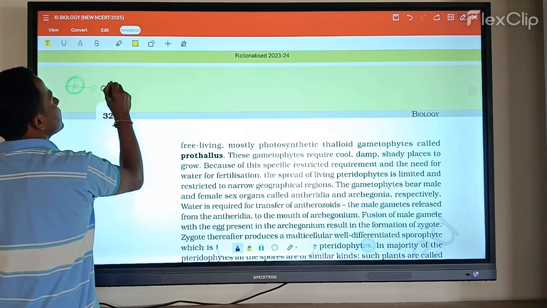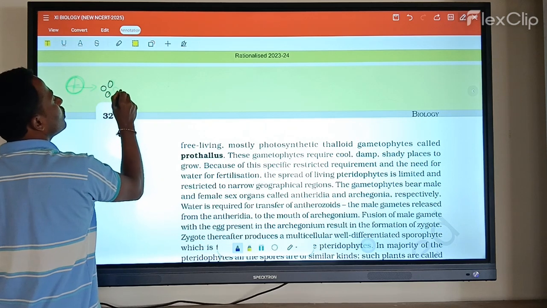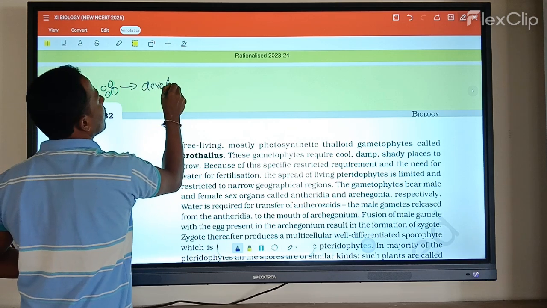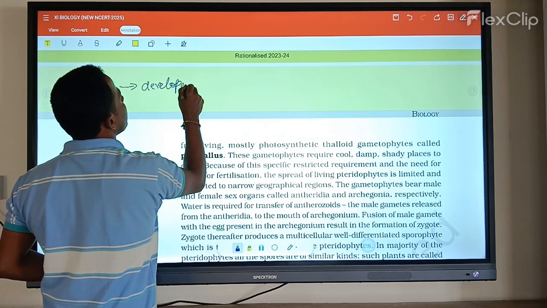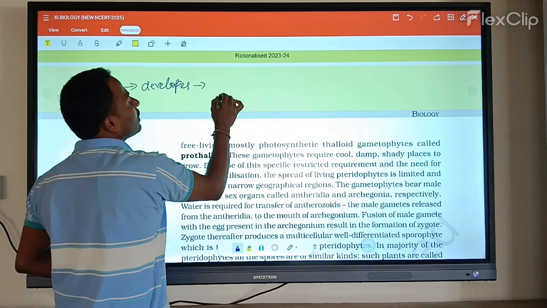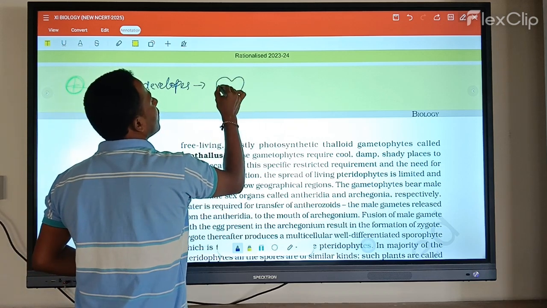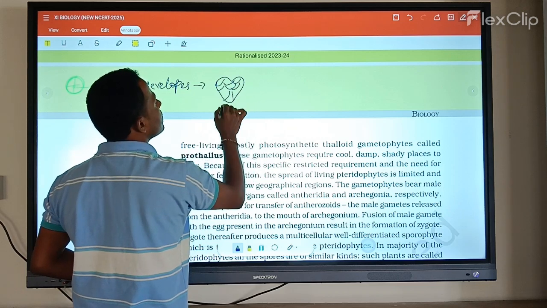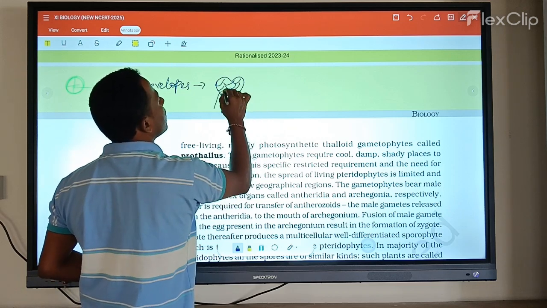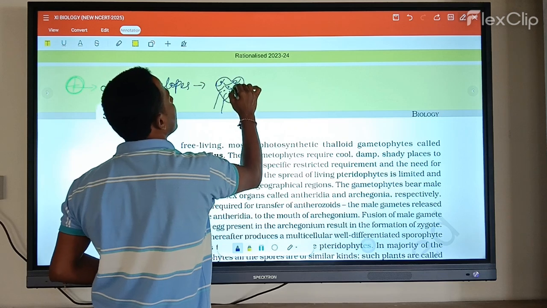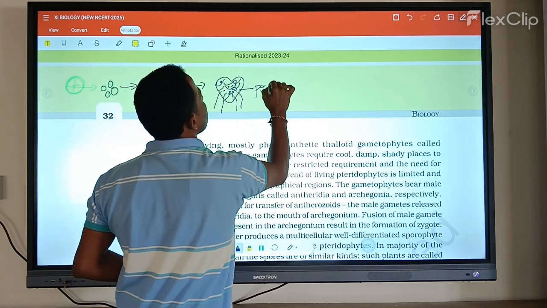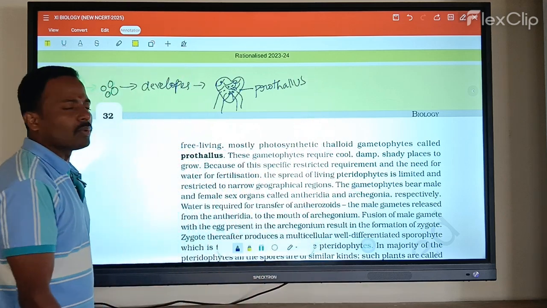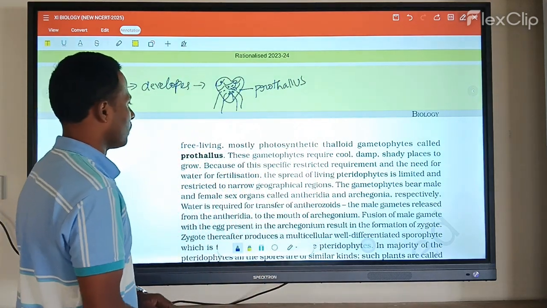These haploid spores develop into small, creeping, multicellular structures called the prothallus.